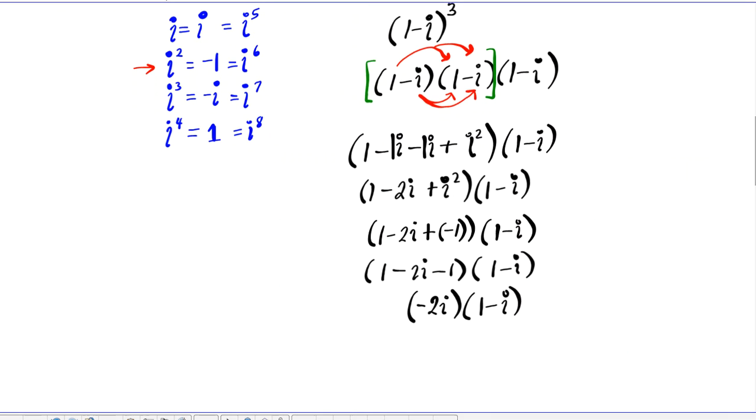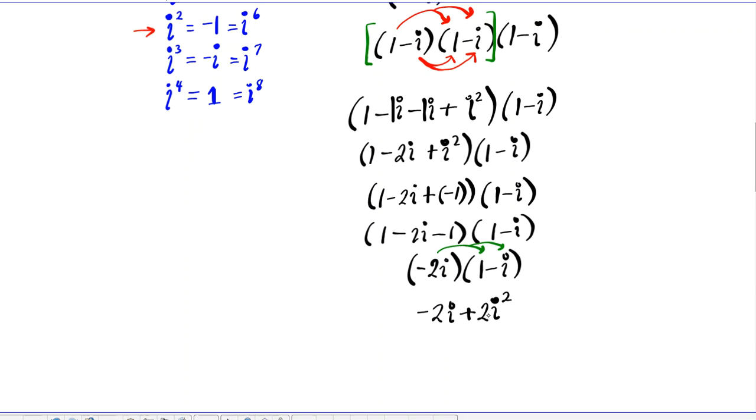To finish this off, we'll just simply distribute negative 2i to 1 and negative i. Negative 2i times 1 is negative 2i. Negative 2i times negative i, minus times minus yields a plus. And then we have 2i squared.